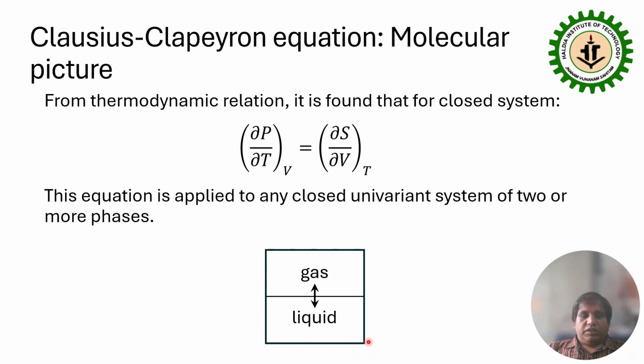Now consider a closed system where a liquid and a gas are in equilibrium, and it consists of a single component, let's say water. The water is in dynamical equilibrium between the liquid state and the vapor, the gaseous state. This equation is valid for multi-component systems, but for simplicity let's consider a single component, in this case water, in dynamical equilibrium between liquid and gas.